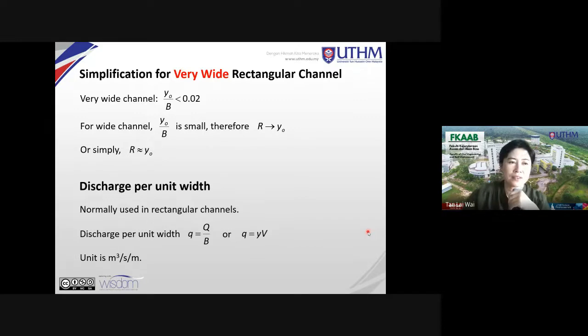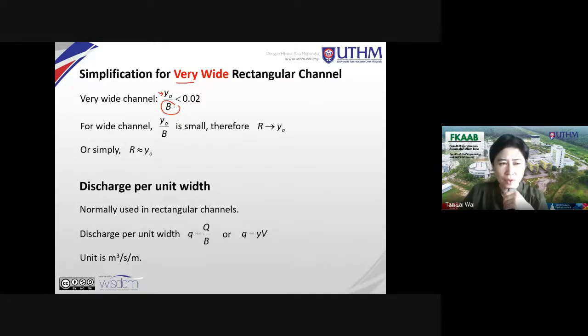Now, if you look at this, you have this term, very wide rectangular channel. How do you classify it as a very wide channel? A very wide channel is when the width of the channel is very wide with respect to the depth of flow.